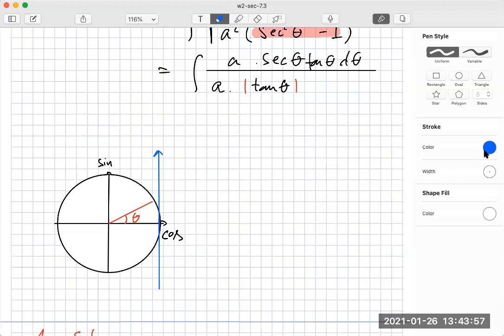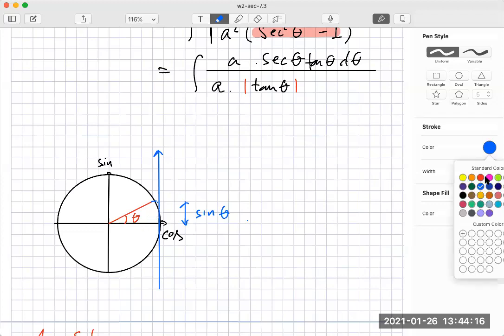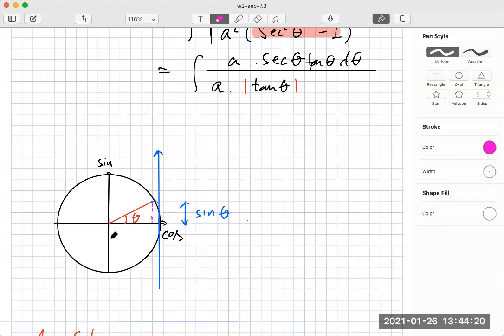And sine is nothing else but this distance. Right? This is sine theta. Do you agree? And cosine of theta is the distance we get when we project this angle theta here, and this is cosine theta, right?